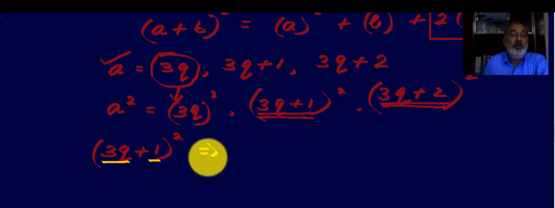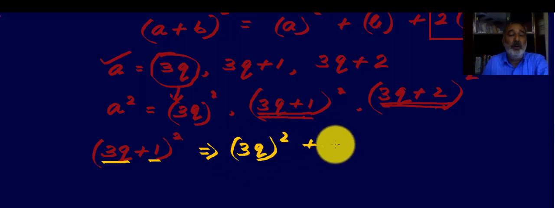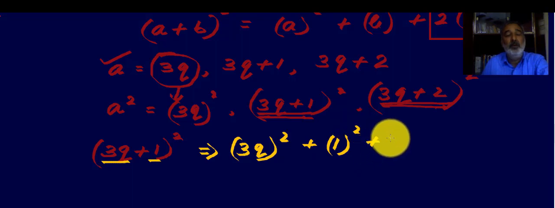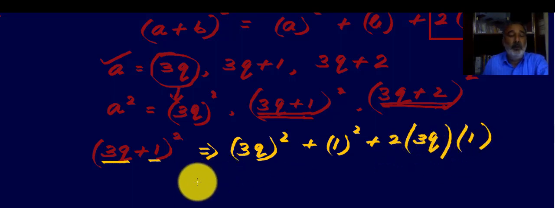So it will be 3q square plus square of 1 plus twice the product of both the numbers. Now simplify this expression.